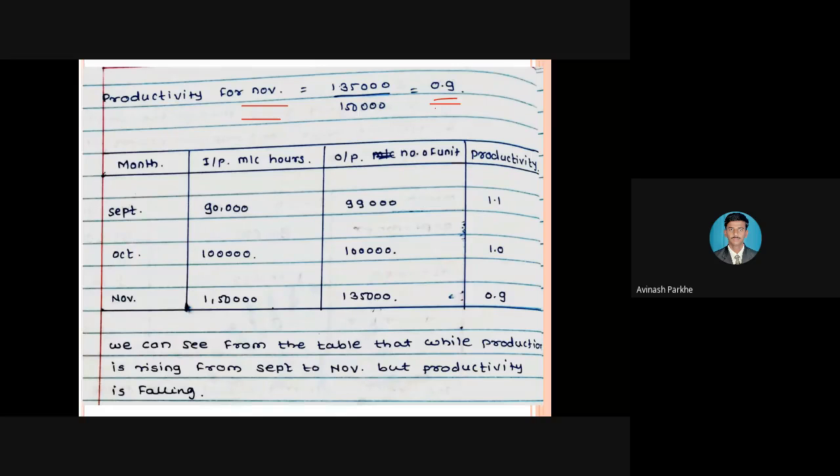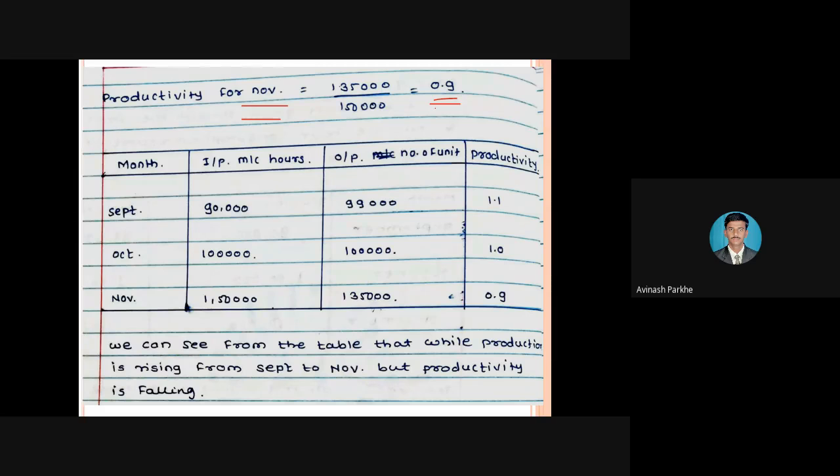Why? Because in order to increase the output of that particular center, the input resources are also increased. If your input resource is constant and your output increases, then we can say that for the constant input, your output is more and your productivity is also more.